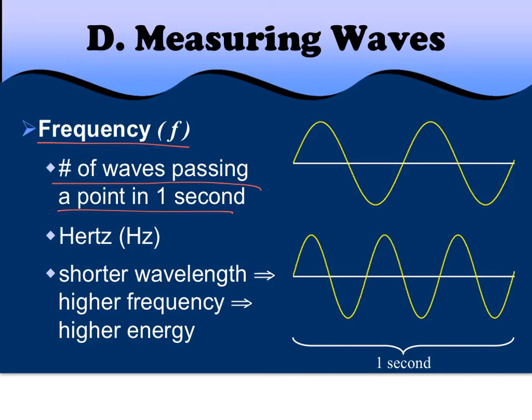If you look at the top example, there are two waves that pass by from this point to this point in 1 second. And you look at the bottom wave and you have more waves, 1, 2, 3 full waves that pass by. And so the bottom example has a higher frequency.